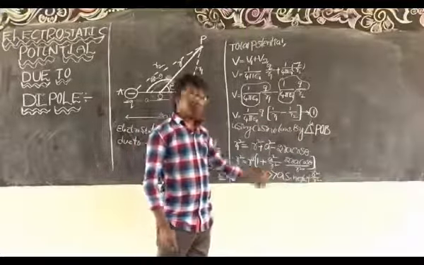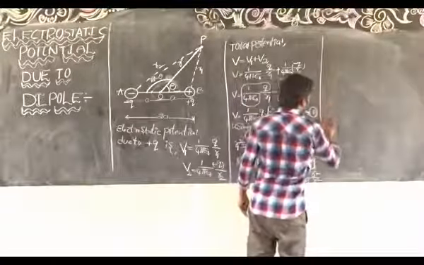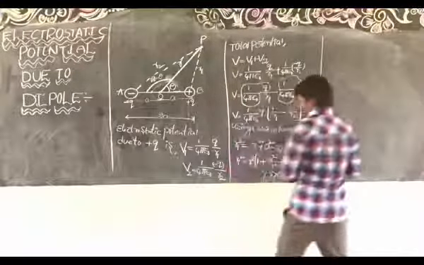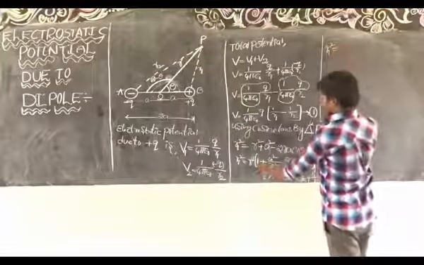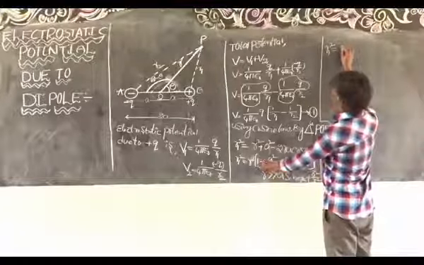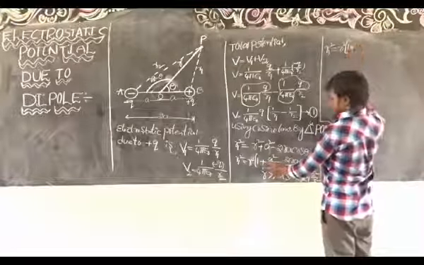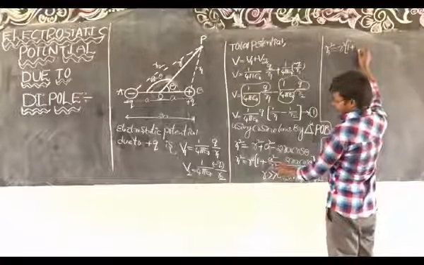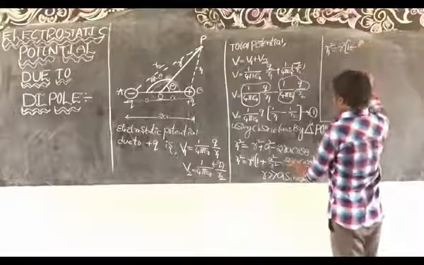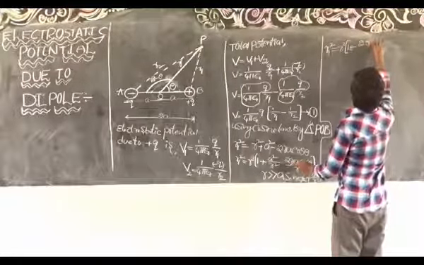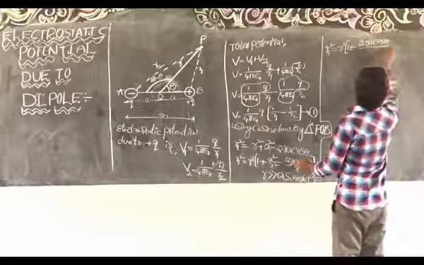So we are neglecting this term. What is the remaining? R1 square is equal to r square into 1 minus 2 r a cos theta by r square.